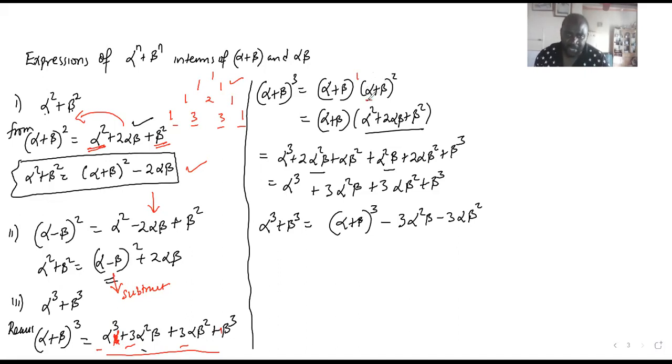But we have already expanded alpha plus beta squared from here. When I substitute it there, I multiply by alpha first, I get this first expression. Then I multiply by beta again, I'll have this last part. Then we collect like terms of alpha cubed plus beta cubed. Then we take these two onto the other side. When they cross over, they become negatives. That's where we are.